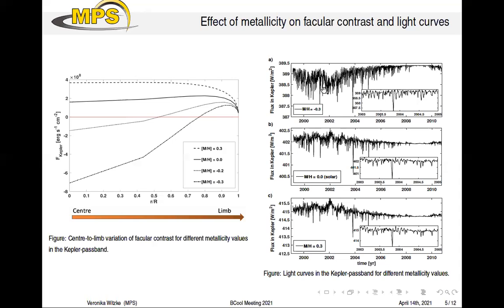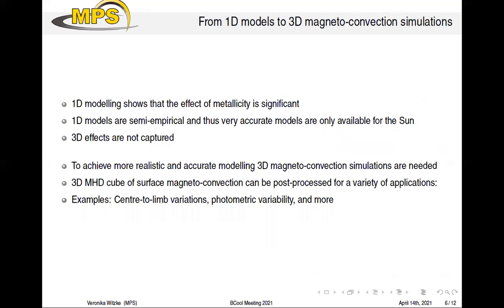However, if we go to lower metallicities, we suddenly see a spot-dominated star, because our faculae become dark. So we learn from the 1D models, because we are also interested in photometric brightness change and in these CLVs, that metallicity plays a significant role.